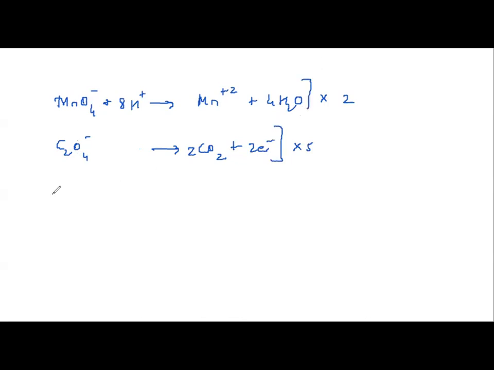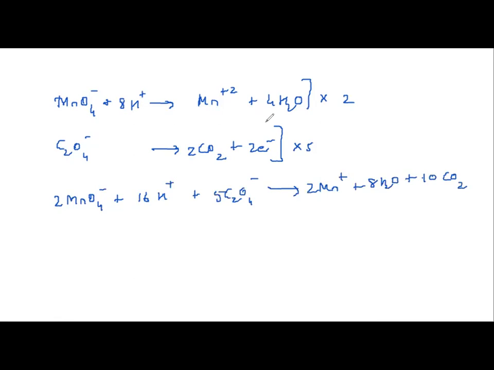So I will write 2MnO4 minus plus 16H plus plus 5 C2O4 minus 2 gives 2Mn plus 2 plus 8 H2O plus 10 CO2. Here we have 10 electrons on each side, so the electrons get cancelled.